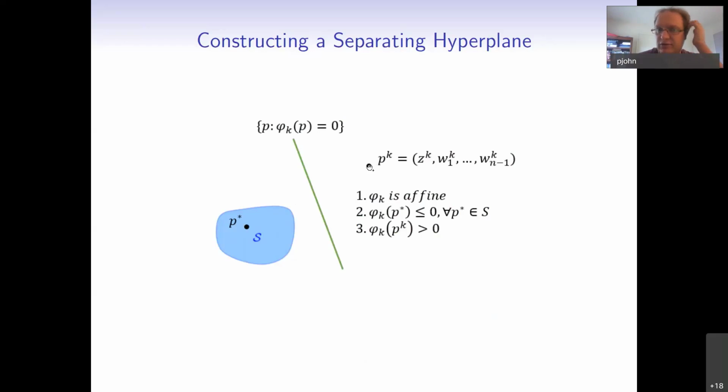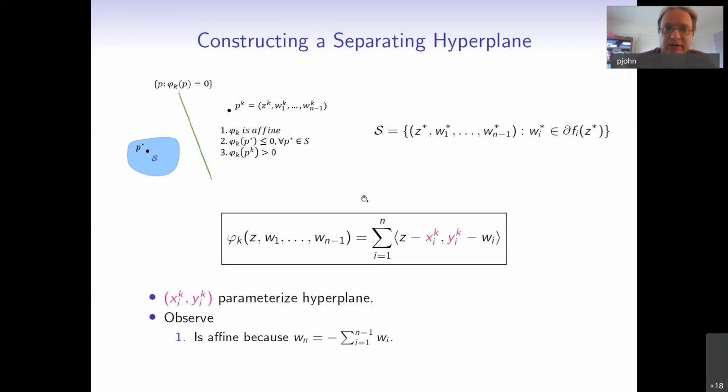I'm going to show you how you construct this function phi k. This is the definition. It goes way back to 2008, the original paper by Eckstein and Svaiter, and essentially all papers in projective splitting have used something like this. It's a sum from i equals 1 through n over all of our functions, and these are inner products, so dot products.